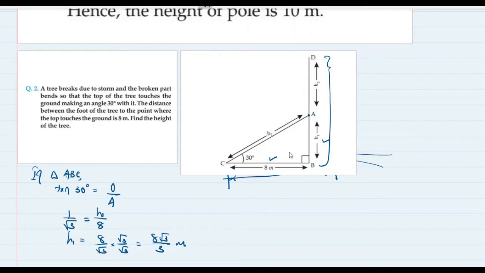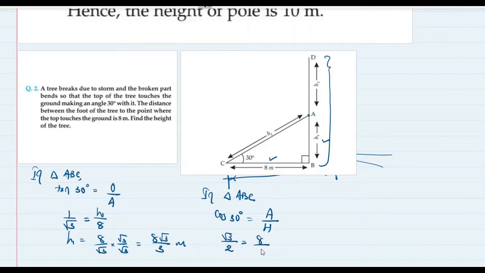Now what is h2? Again, we have to take the same triangle ABC. In triangle ABC, but now we know the adjacent and we have to find the hypotenuse. So cos 30 is equal to adjacent upon hypotenuse. Cos 30 is root 3 by 2, which is equal to adjacent.